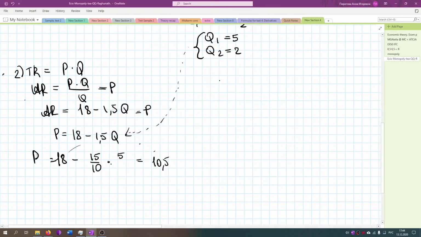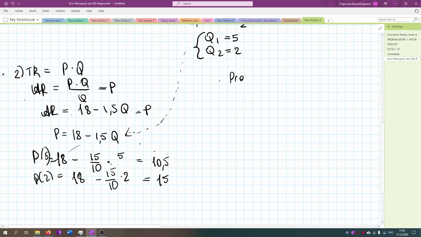So we found the price in case our quantity is equal to 5. So let's find our price in case our quantity is equal to 2. So 18 minus 15 divided by 10 multiplied by 2. And now our price will be equal to 15.